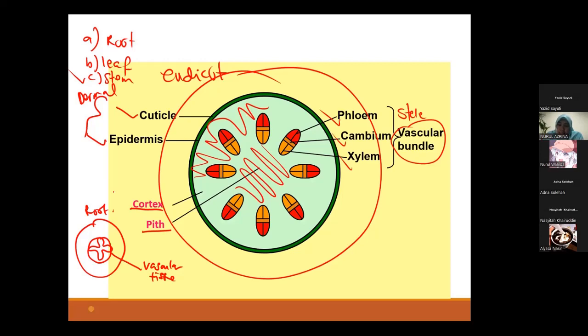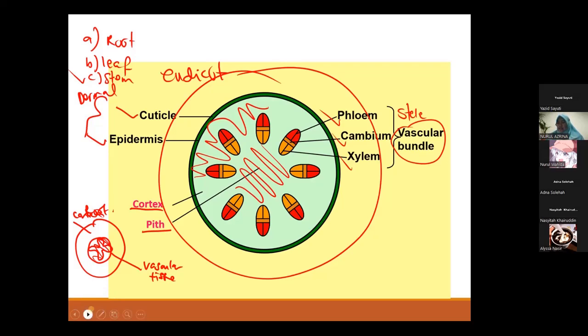Ada? Tak ada. Jawapan dia tak ada. Sebab? Sebab vascular tissue tu central dia. Yeah, because the vascular tissue is located centrally. So pith is not present in root of eudicote, but it does have cortex. Cortex ada, tapi pith tak ada for eudicote root. Faham eh? Right? So this is what you have to understand, the difference between the structure of eudicote roots, leaf, and also stem. Yeah?